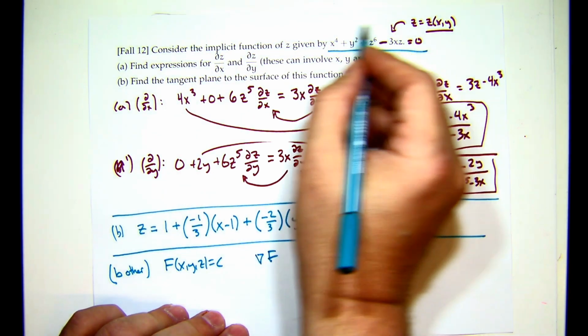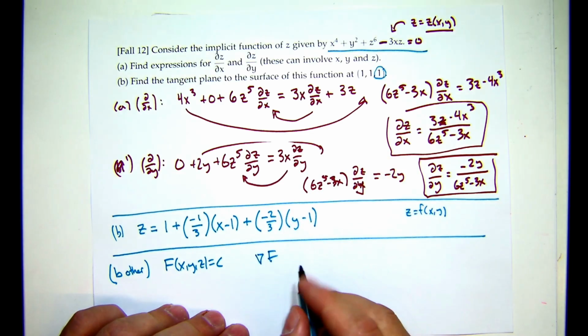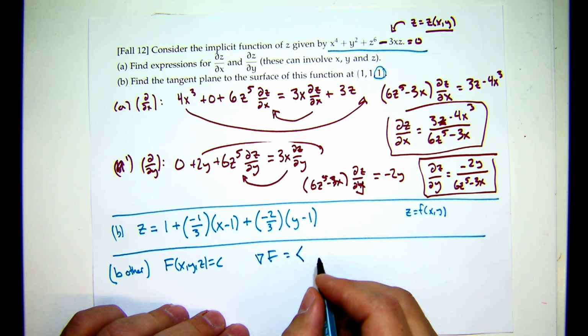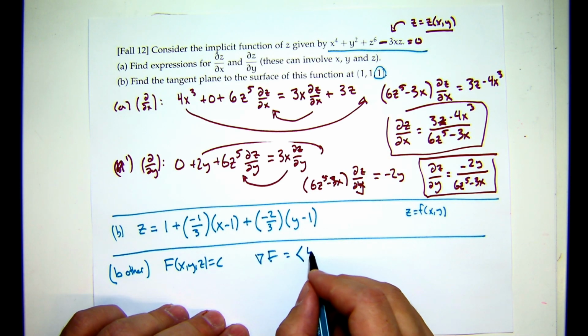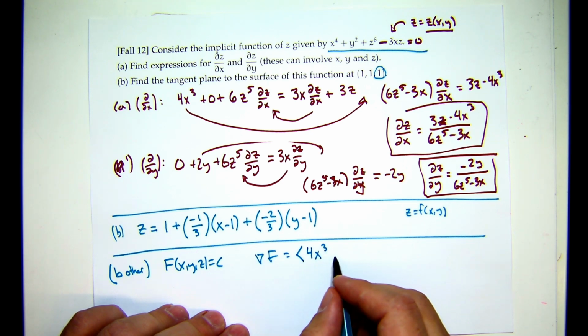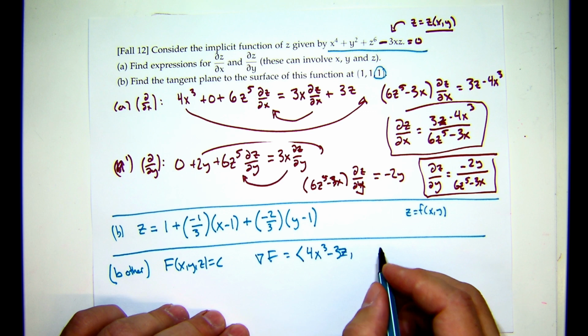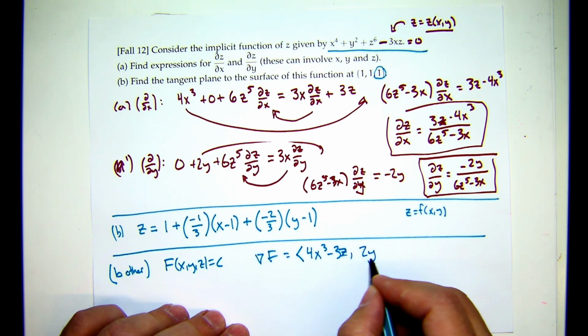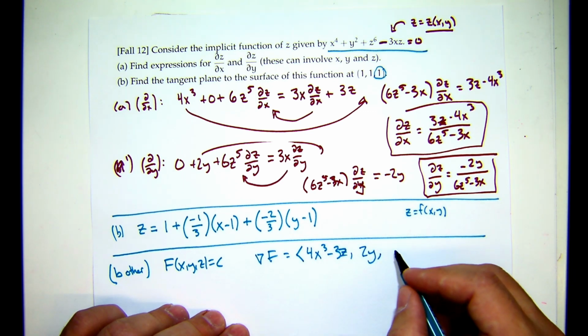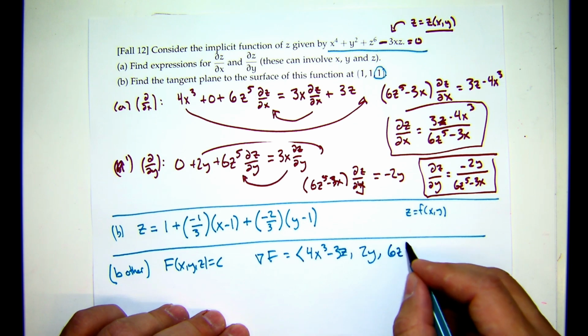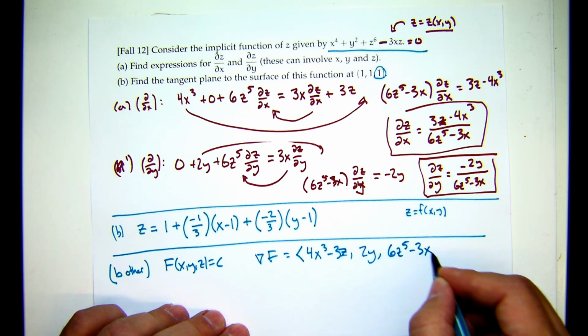This left-hand side is capital F. Gradient is 4x cubed minus 3z, comma, 2y, comma, 6e to the fifth minus 3x.